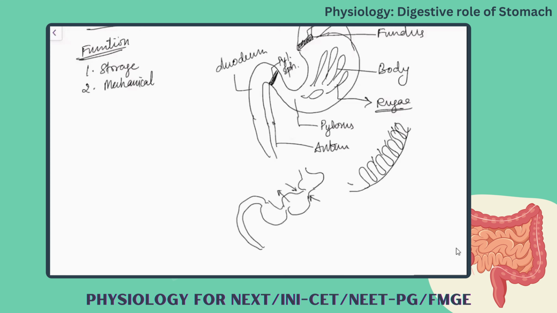Whatever segment has contracted will later relax and the next will undergo contraction. So this kind of mechanical mixing of food will take place within the stomach. This makes the food completely mixed with the gastric secretions. Okay, so this mechanical mixing further helps in the digestion process.